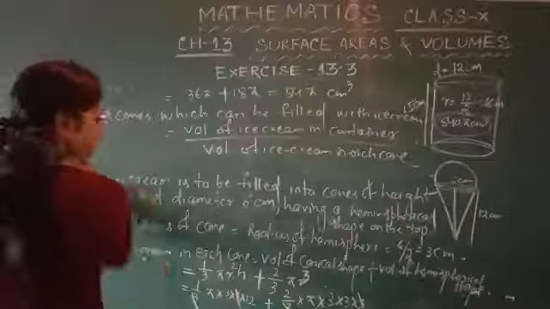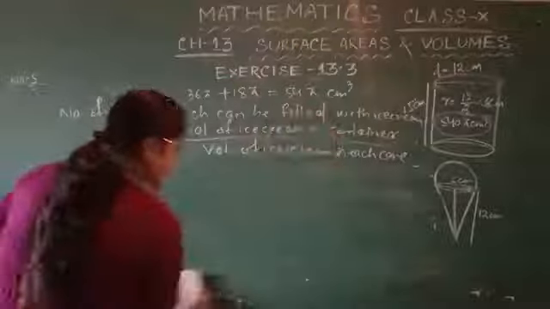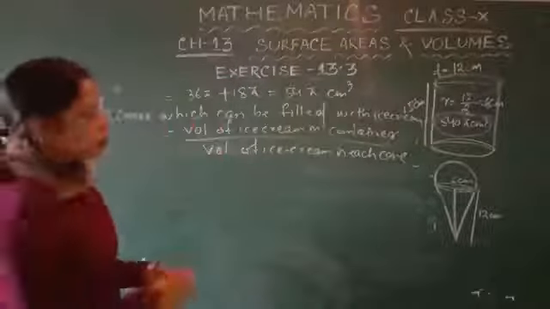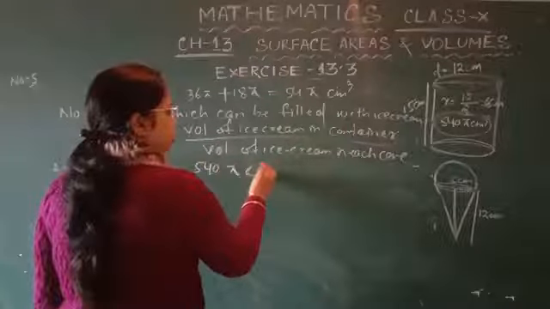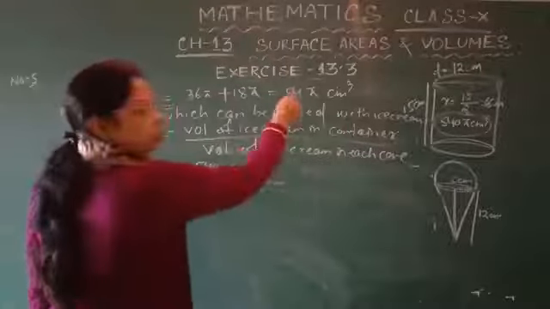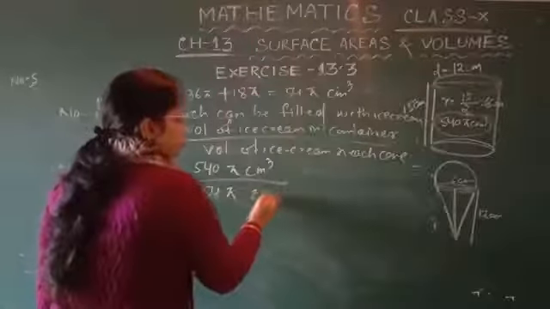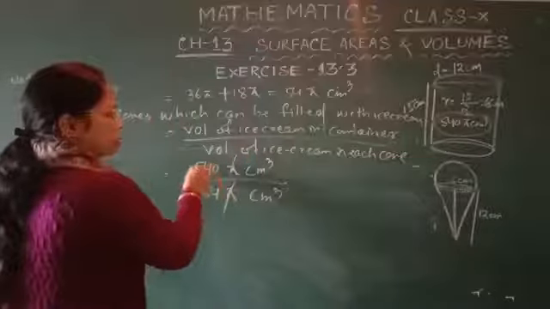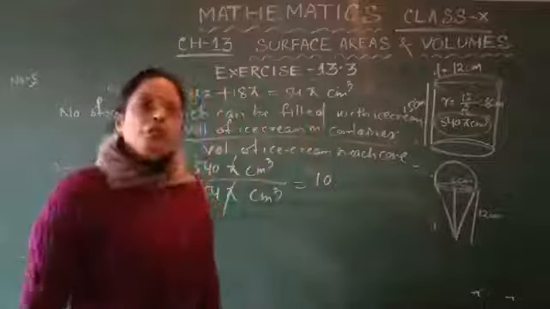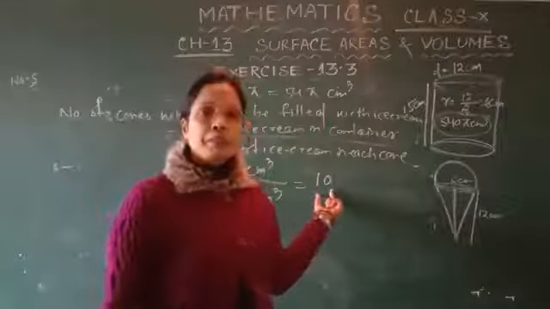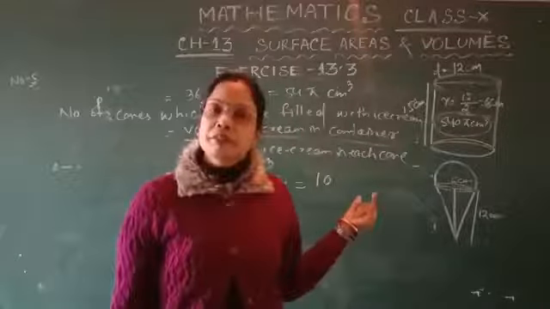That is 540 pi centimeter cube divided by 54 pi centimeter cube. Pi cancels, 540 divided by 54 is 10. So 10 cones can be filled with ice cream.